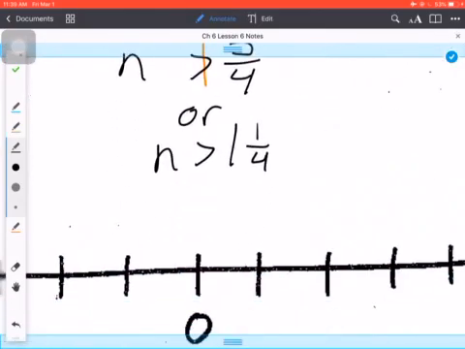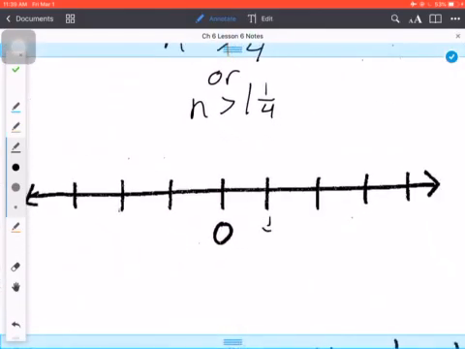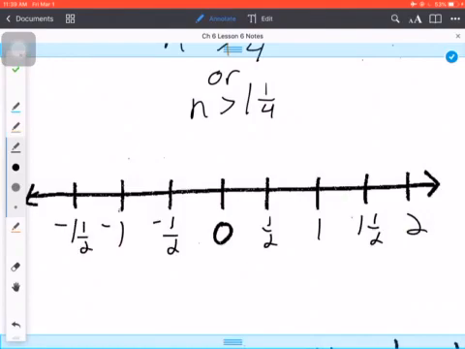Now when I start graphing this, I want to make each one of these lines 1/2 just because it's pretty easy and simple to graph something that's with a fourth if each line is a half, because that would show up halfway between two lines. And if I were to make each line worth 1/4, then I wouldn't have enough lines.